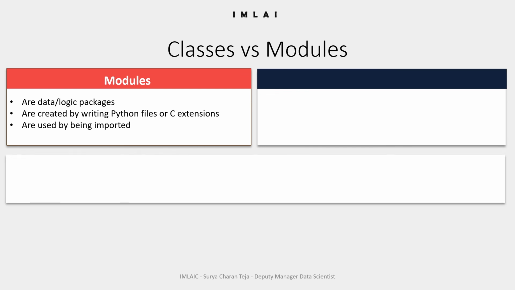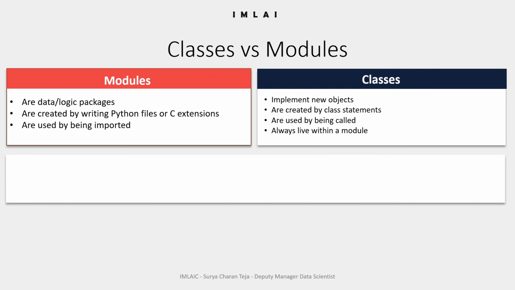We have done so many times, maybe more than 1,000 times. And then classes, these implement new objects, and these are created by class statements. You can see the difference clearly. So these are all self-explanatory. I don't need to explain these things. And these always live within a module, and these are used by being called.